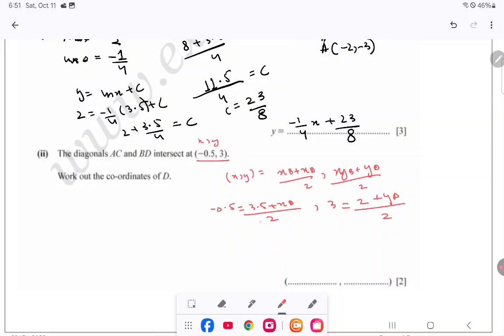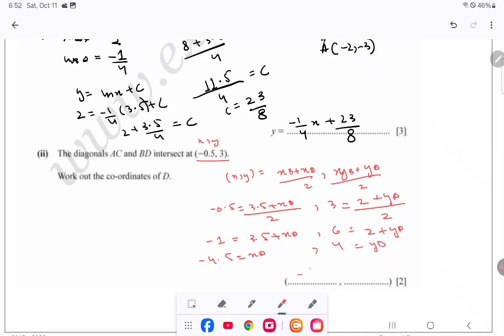Now multiply both sides by 2, we are left with -1 = 3.5 + xd, and 6 = 2 + yd. Subtract 3.5 from both sides, we are left with -4.5, which is xd, and subtract 2 from both sides, we are left with 4, which is yd.